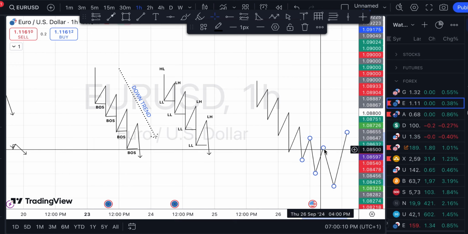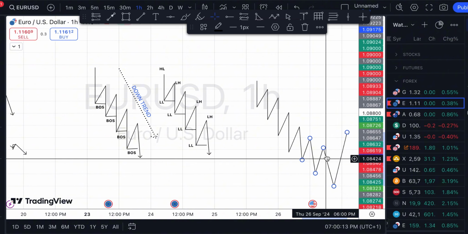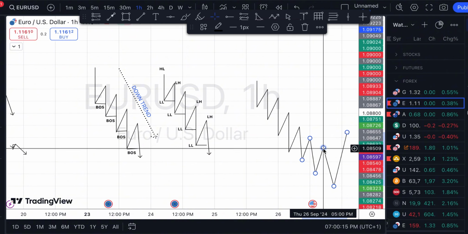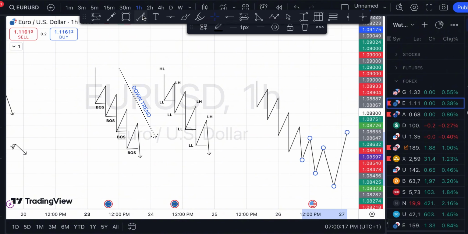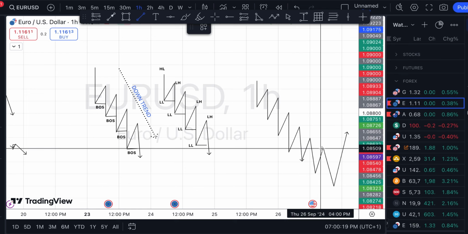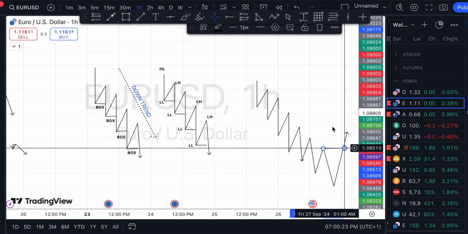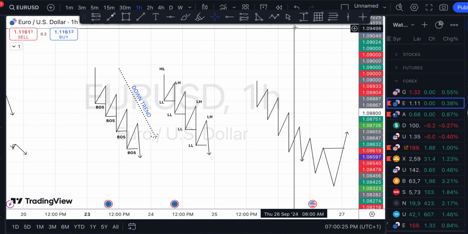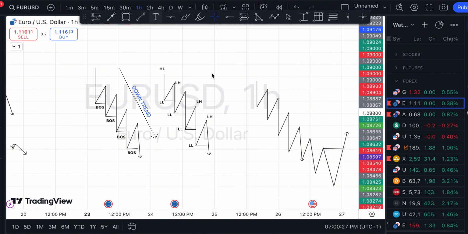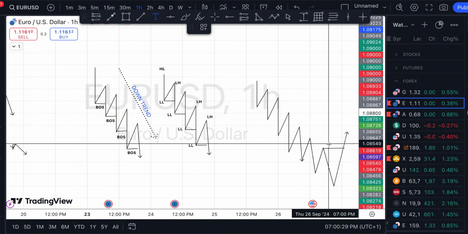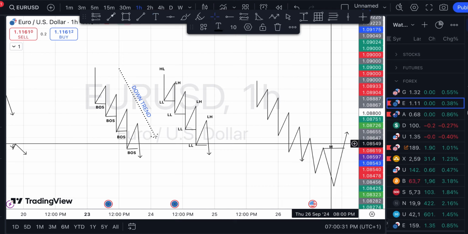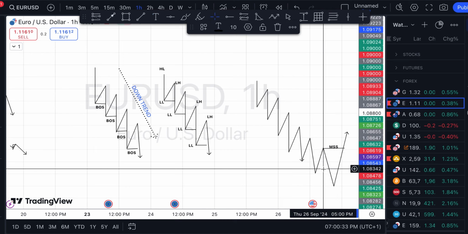This lower high was not able to hold the price anymore, and then price broke this high. So this is identified as a market structure shift. Whenever you see something like this, you know that this is a market structure shift. So let me label it.